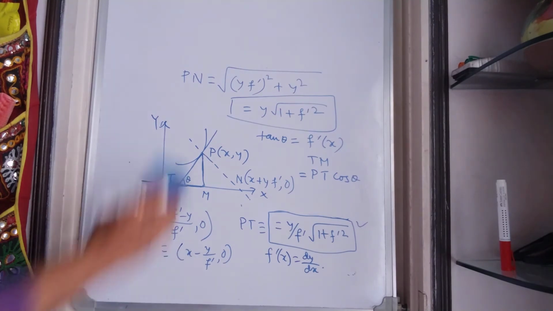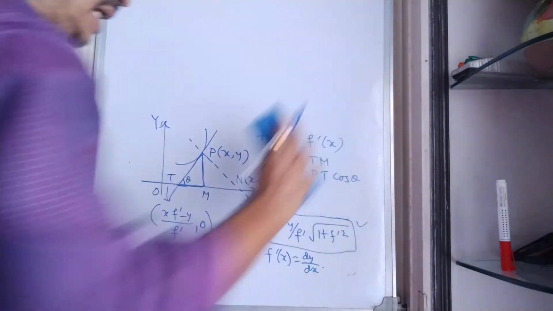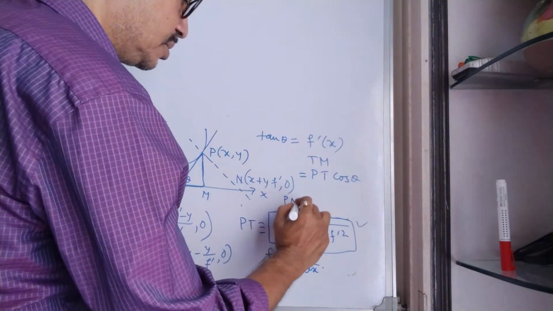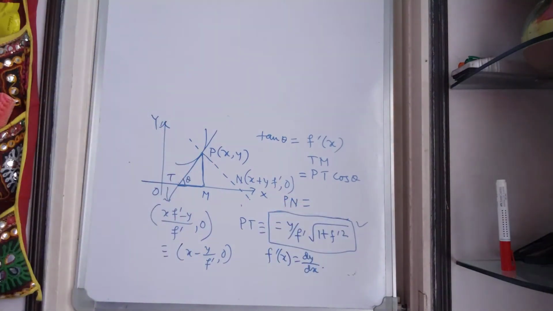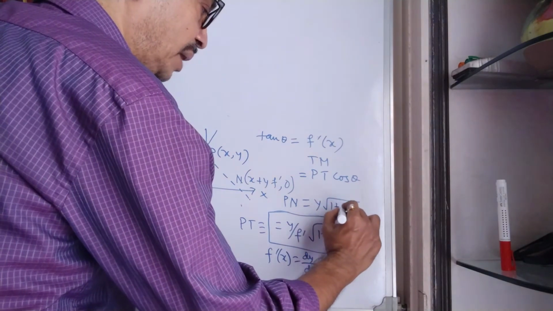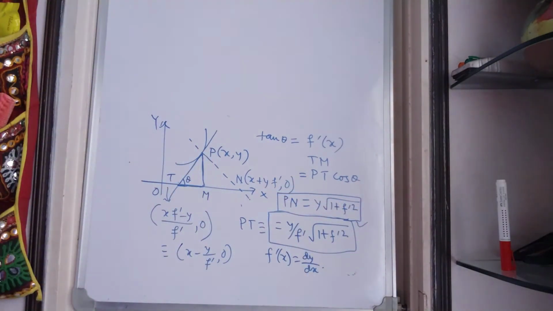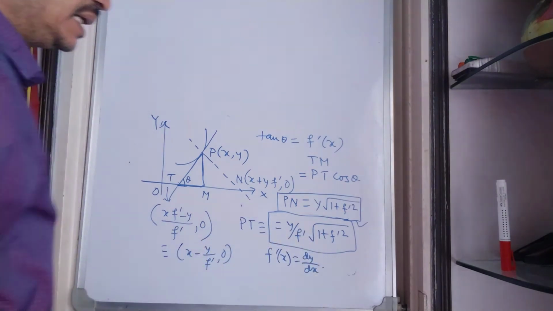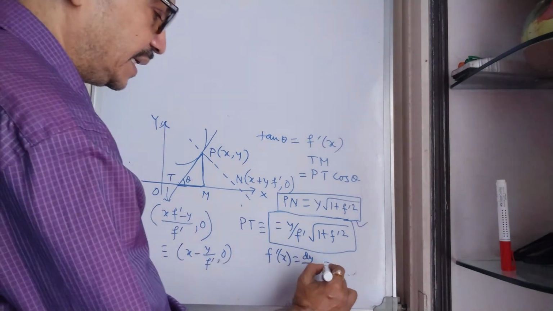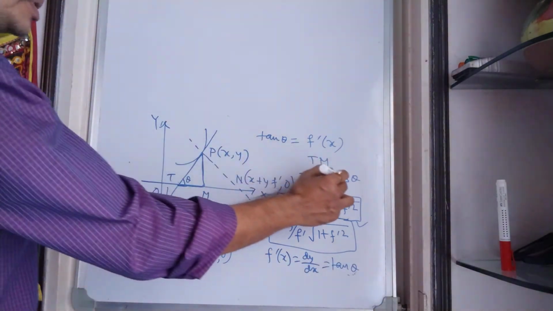So it can easily be calculated. Let us write Pn here so that we do not forget it. Pn is the length of the normal, and Pt is the length of the tangent. Now tan theta is dy by dx, or f prime. So what will be cos theta?